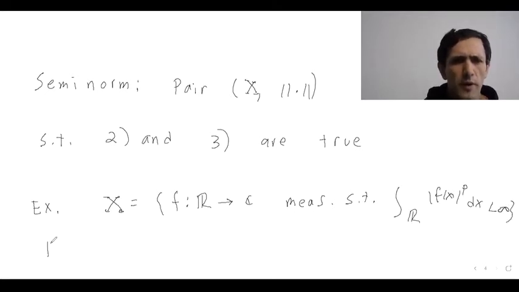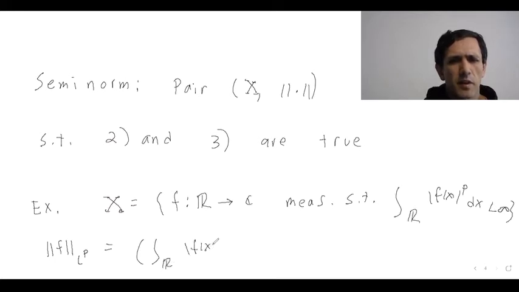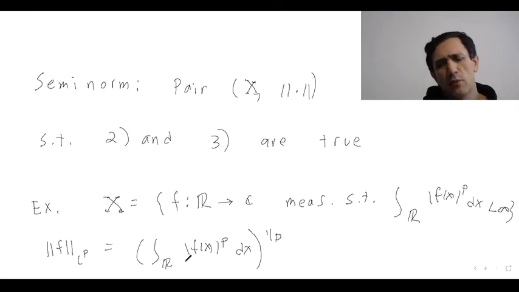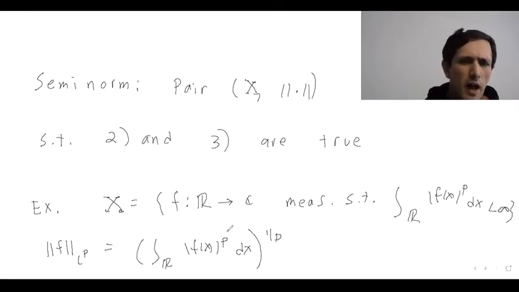Okay, so we can define a semi-norm on X, the L^p semi-norm, in the obvious way. Just take the modulus of f(x), raise it to the p, integrate, and raise to 1 over p. And again, this works for any measure space whatsoever. So Minkowski's inequality tells you that the triangle inequality is true, and you can trivially pull out scalars.